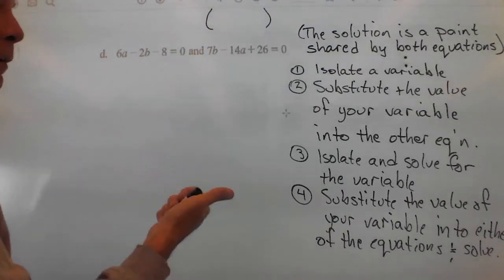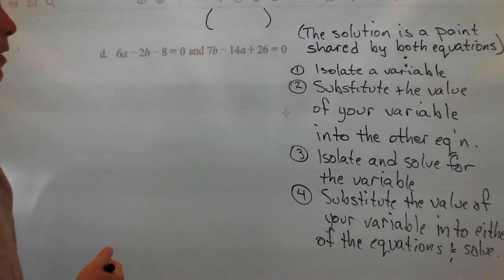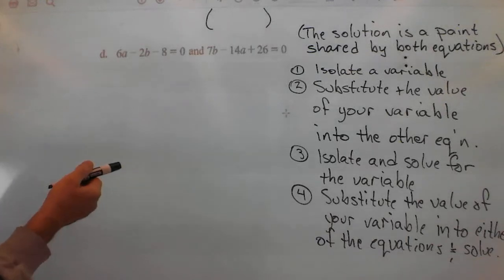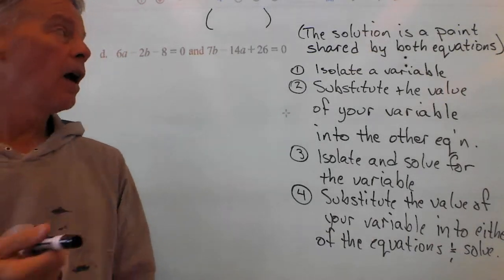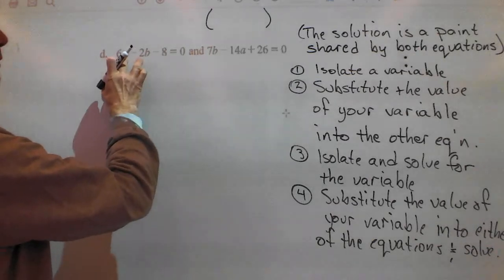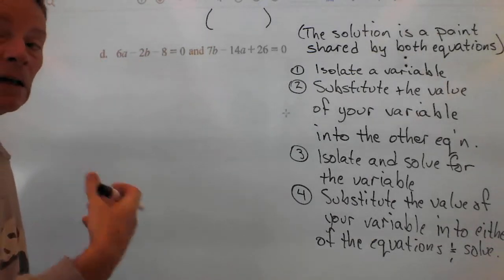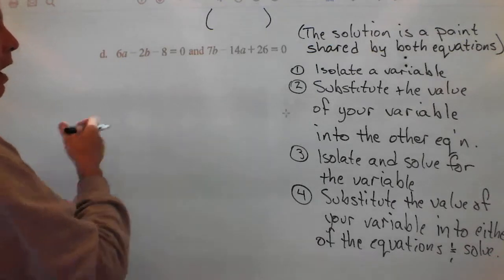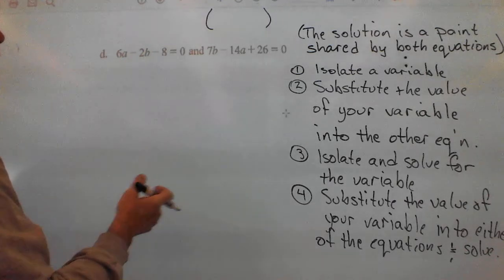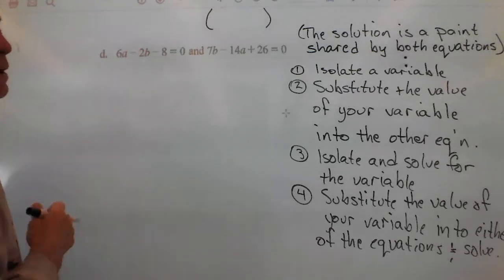So, step 1, isolate a variable. Now, when you look at this, this one's a bit nasty because none of the variables is easily isolated, right? They all have numbers attached. I'm just going to pick this first one, and I'm going to isolate b.